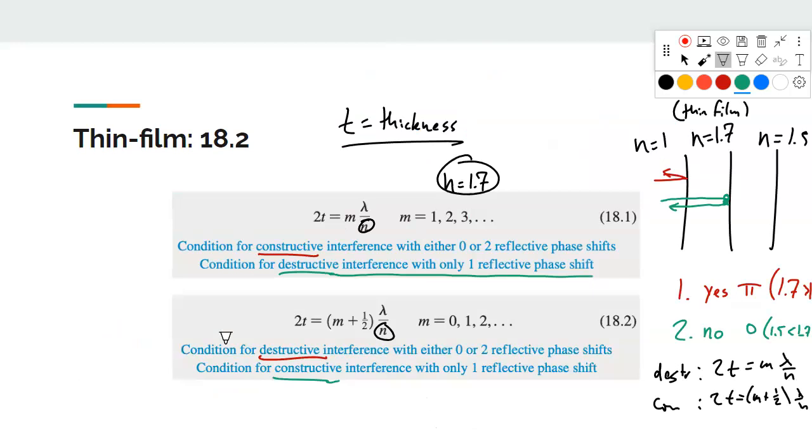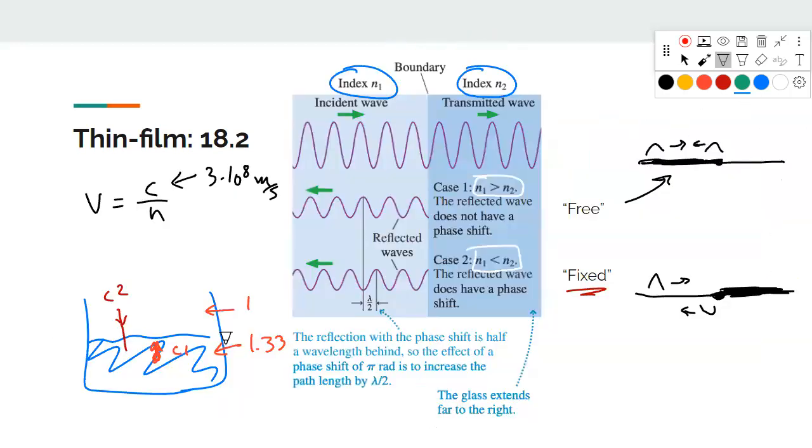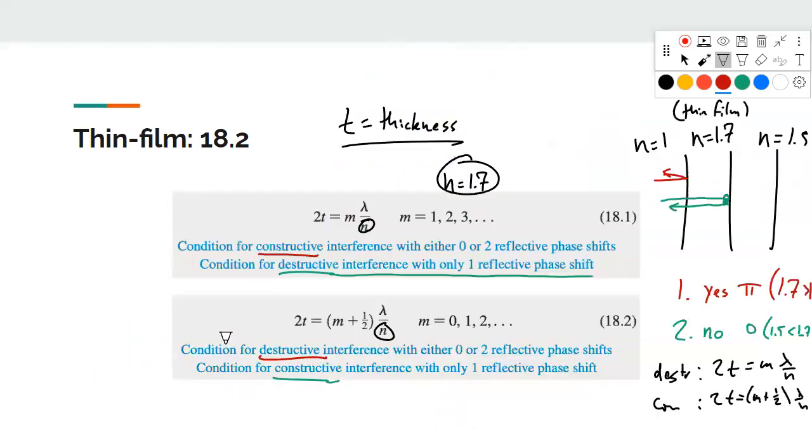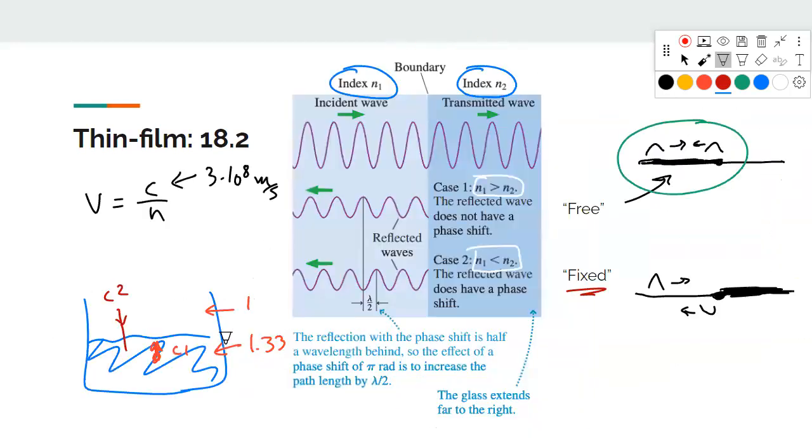So we have a free boundary, which means we have no phase shift. That's what's happening over here. Whereas for the red curve, n1 is less than n2. You can see the red one, n1, which is 1, is less than n2, which is 1.7. So for the red one, the wave comes back and it's flipped upside down, basically. So this is a phase shift of pi.